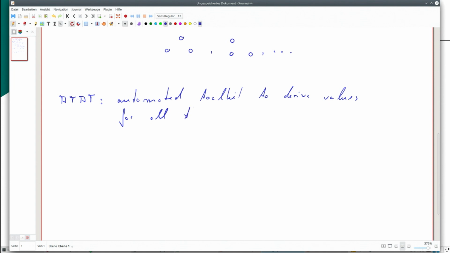These interaction parameters. What is it? Alloy Theoretic, I think that's what it stands for. Automated.